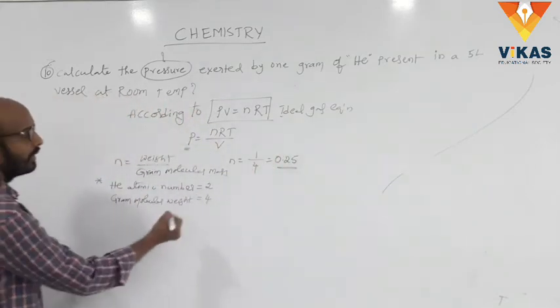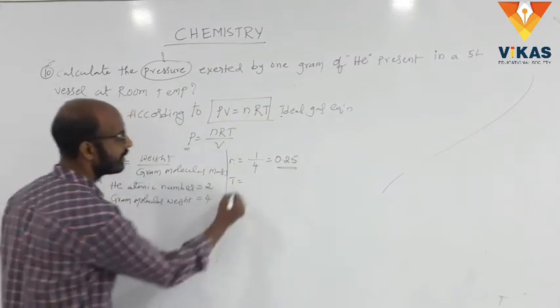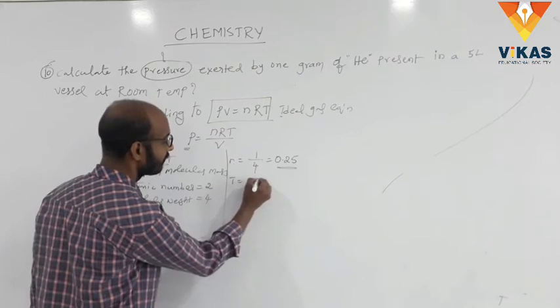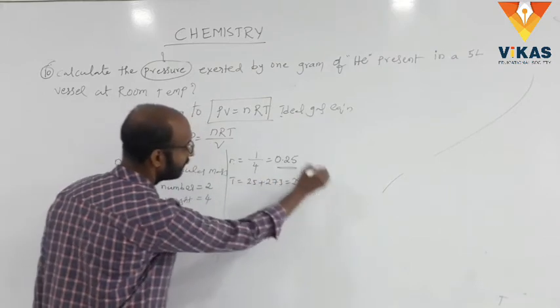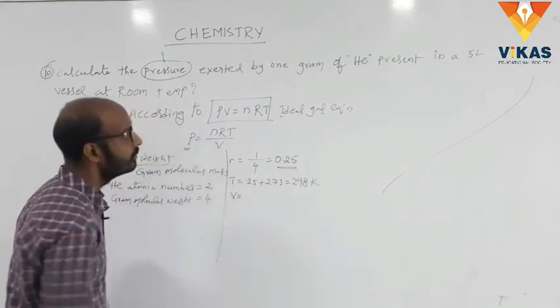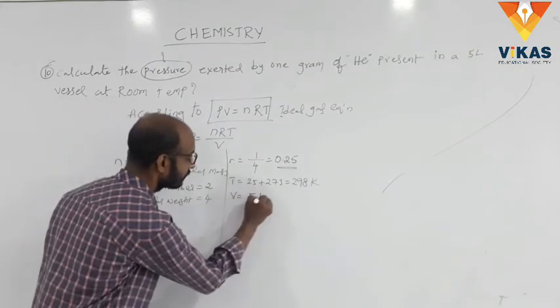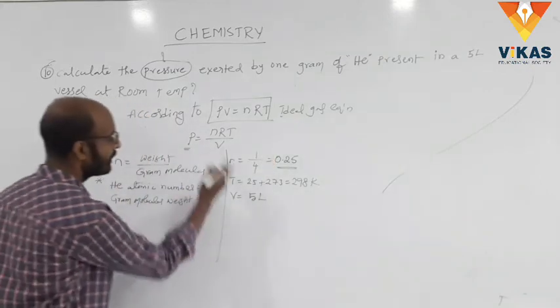And next one, temperature. What is the temperature? 25 degrees centigrade room temperature plus 273, that is equal to 298 Kelvin. And what is the V value? 5 liters, it is given data. So substitute the values, we get the pressure.